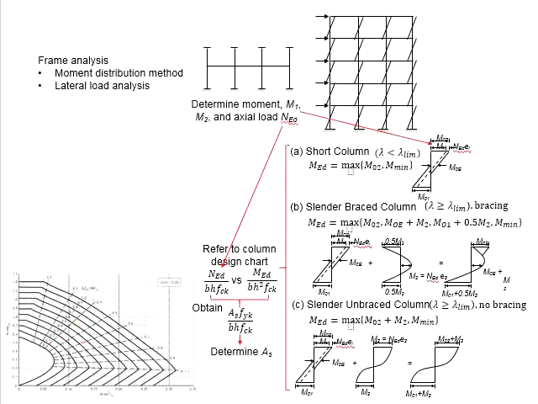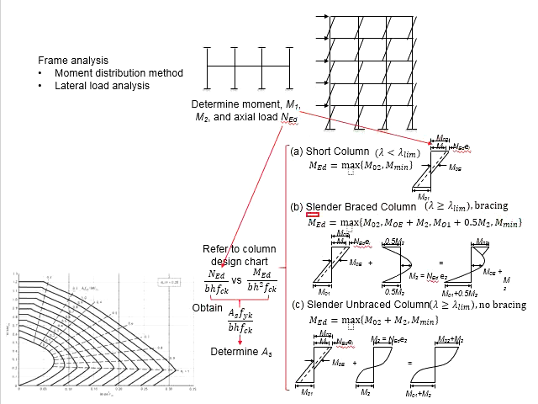To solve these questions, first you need to refer to the formulas for the slender braced column, which is this. The MED will be the larger value of these 4 equations.